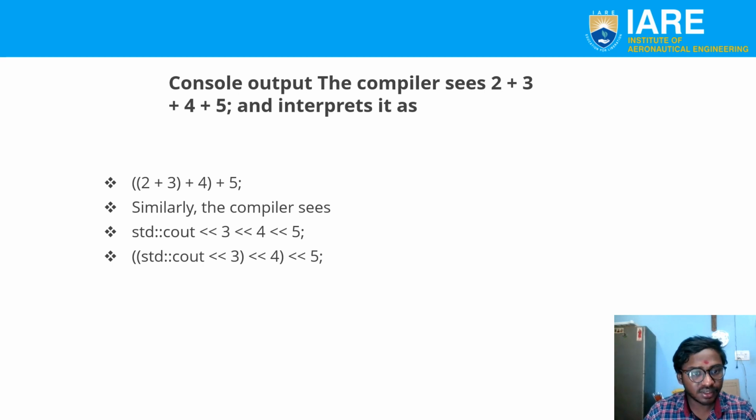Similarly, the compiler reads std::cout << 3 << 4 << 5.